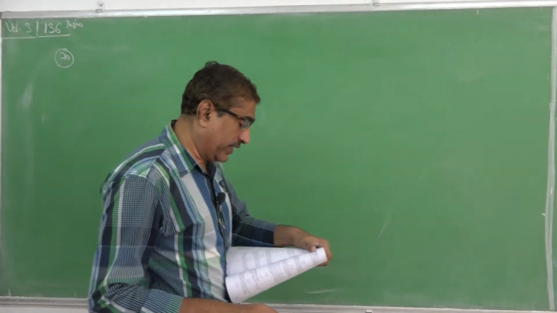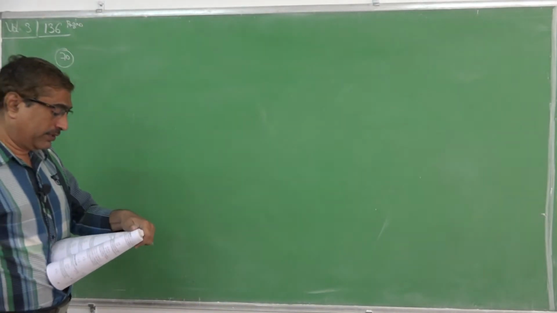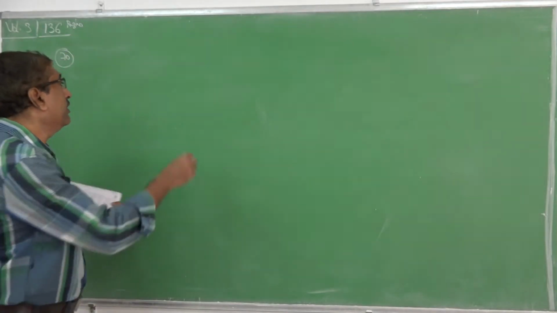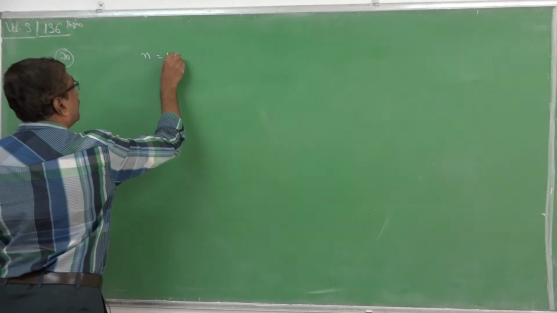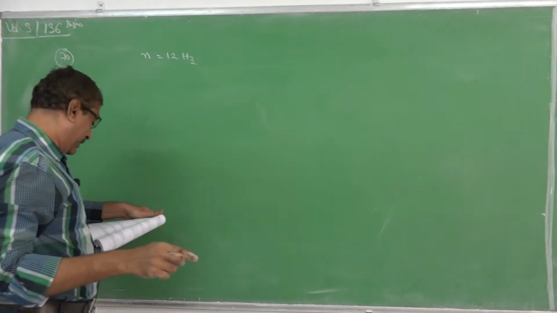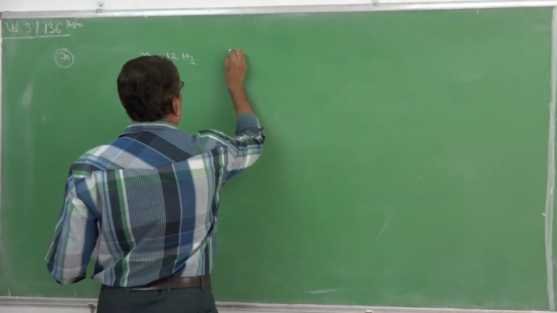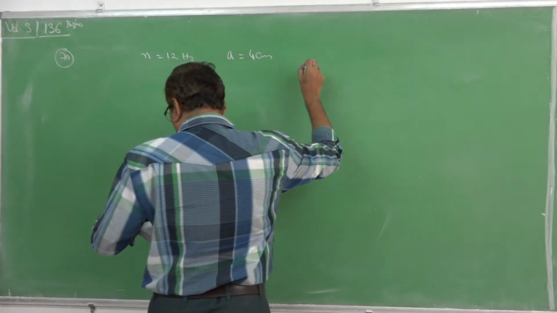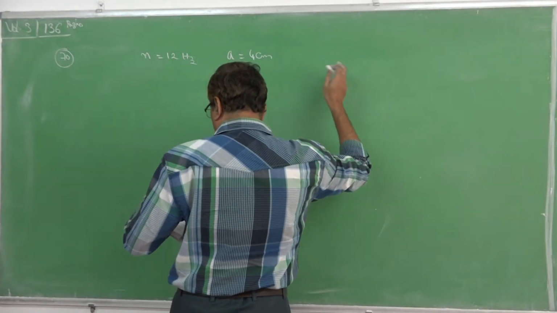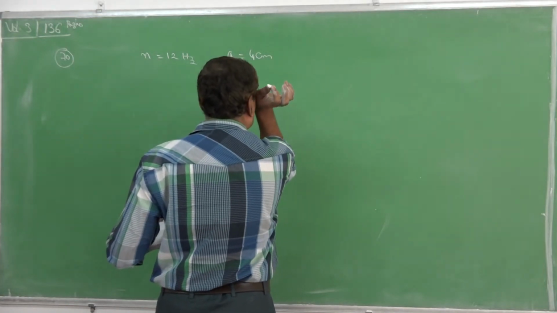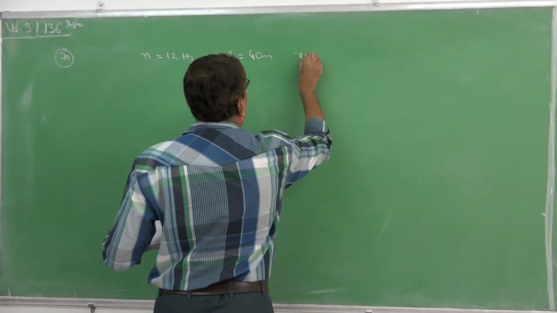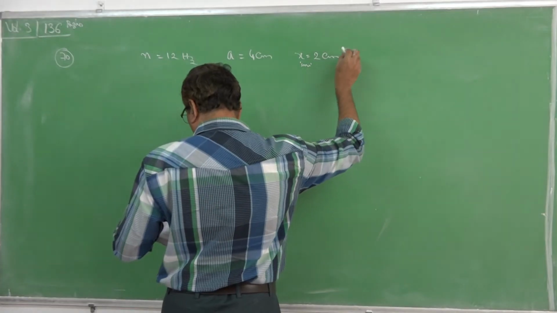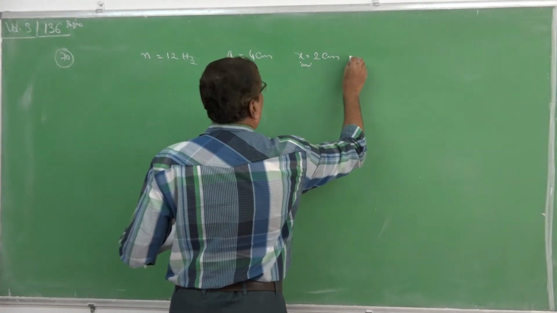Given n is equal to 12 Hz and amplitude is 4 centimeter. Its initial displacement, x initial, is 2 centimeter towards positive extreme.